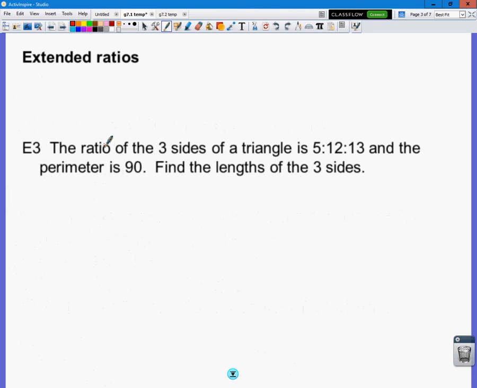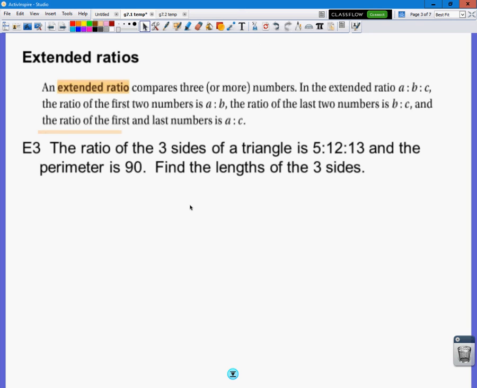An extended ratio is what happens when you have more than one thing being represented at a time. So, an extended ratio compares 3 or more numbers.